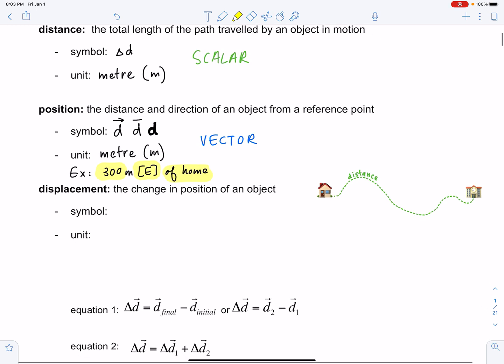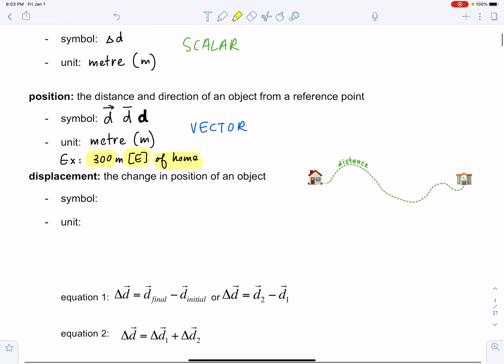Okay, the third quantity that we're going to look at today is called displacement. And displacement is defined as the change in position of an object. The symbol is delta D with an arrowhead on top. So we know that D with an arrowhead on top means position.